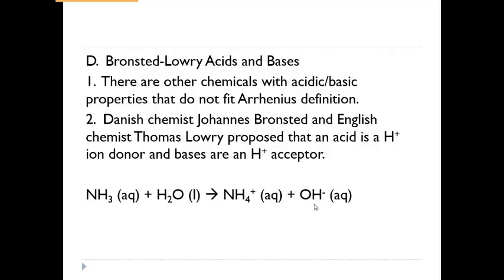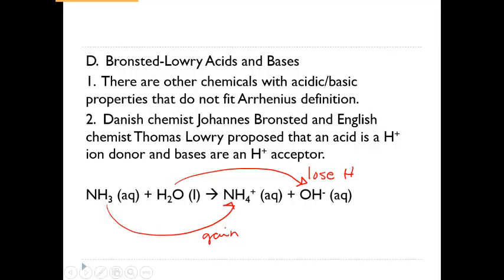So if you take a look at this equation, I want you to notice that NH3 is picking up a hydrogen because it has 3, and now it goes to 4. And water is actually losing an H, where NH3 is gaining.